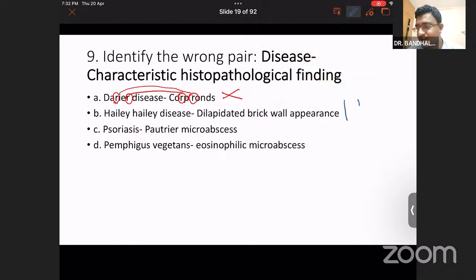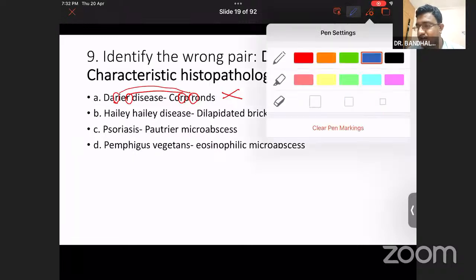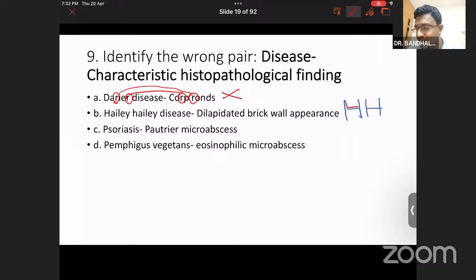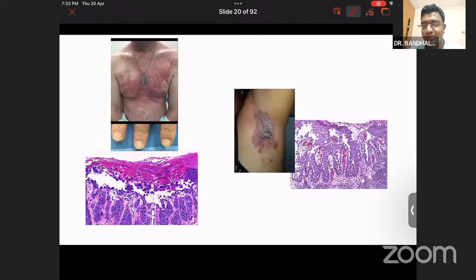You can remember it this way: Hailey disease, HH. So it is almost like a brick wall, na? Between the bricks, there are gaps. So dilapidated brick wall appearance is seen in Hailey. So this is also out. Now we will come to the abscesses in subsequent slides. First you will see in detail about this.